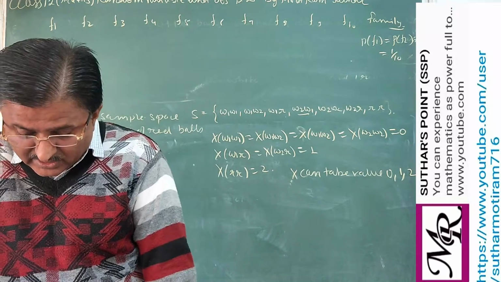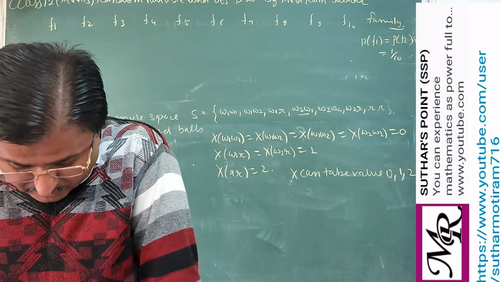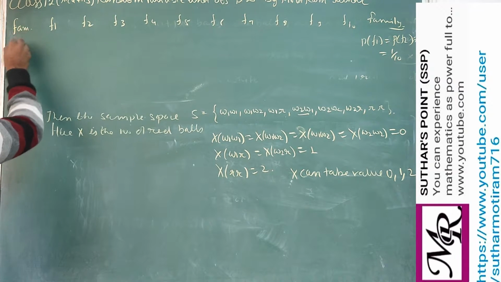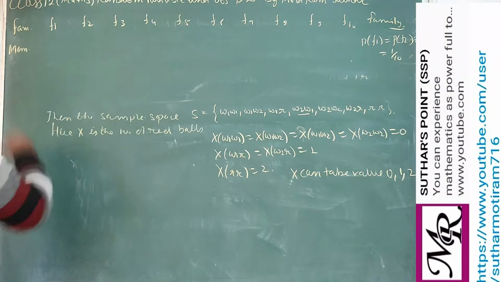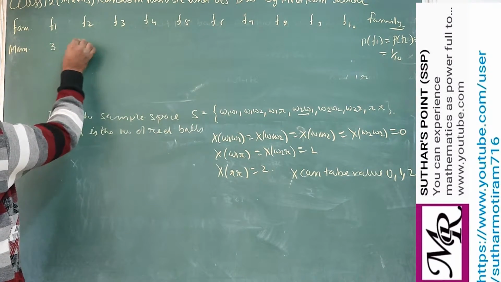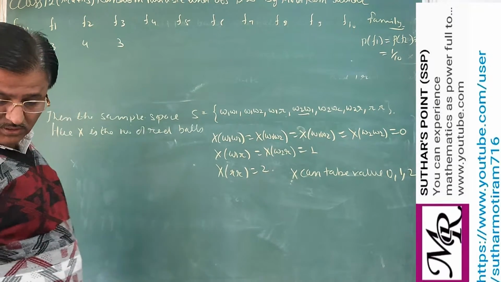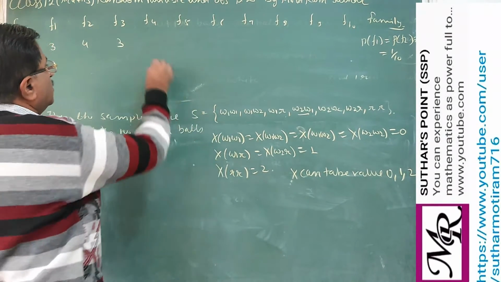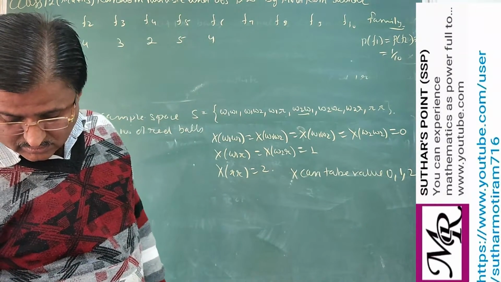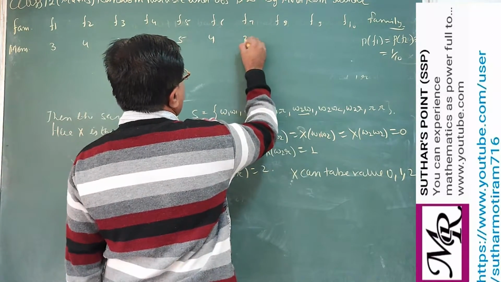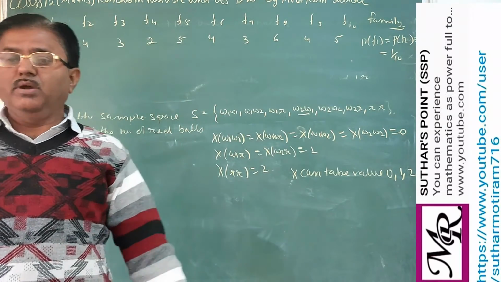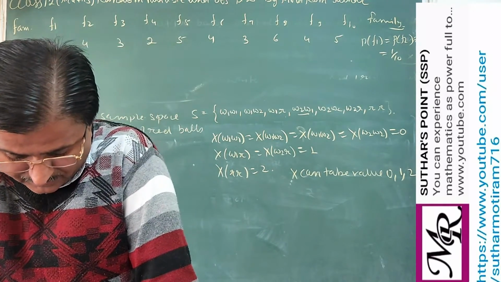Now let the families have members. Here is the family and the number of members. How many members are there in the first family? That is 3, 4, 3, 3, 4, 3, 2, 5, 4, 3, 6, 4, 5. This is the number of members in the family.